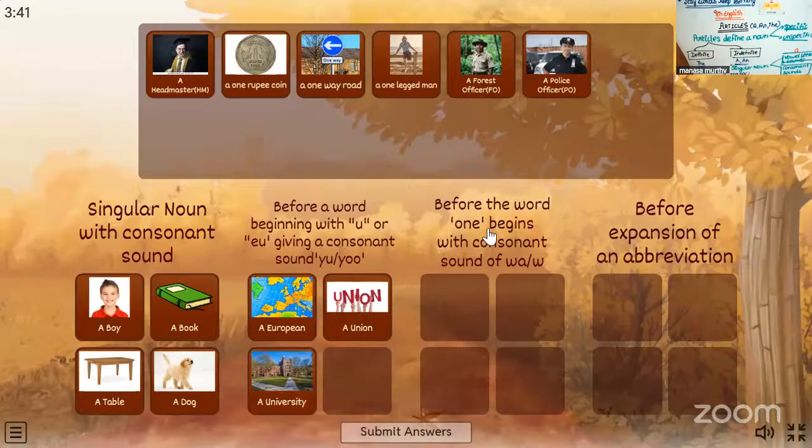Before the word one, which begins with the consonant sound of V. I hope you are not getting confused here. O usually has a vowel sound, but here, although it is a vowel letter, it has the sound of V. What kind of sound is it? It's a consonant sound. A 1 rupee coin.